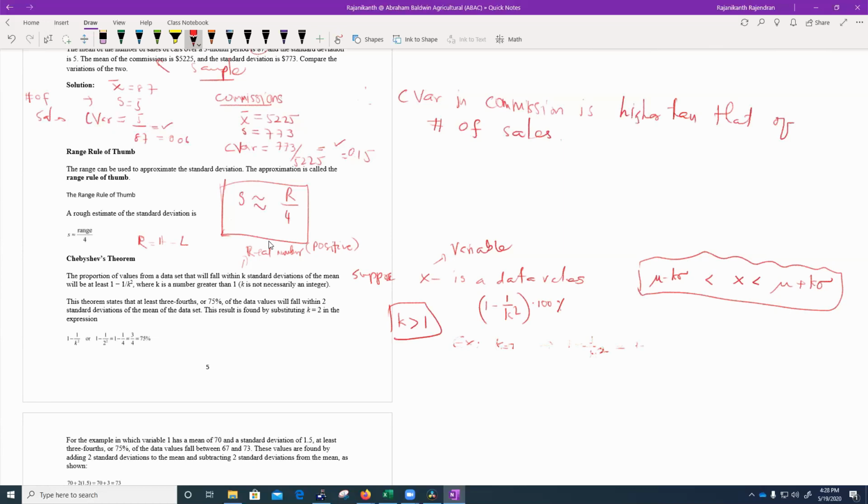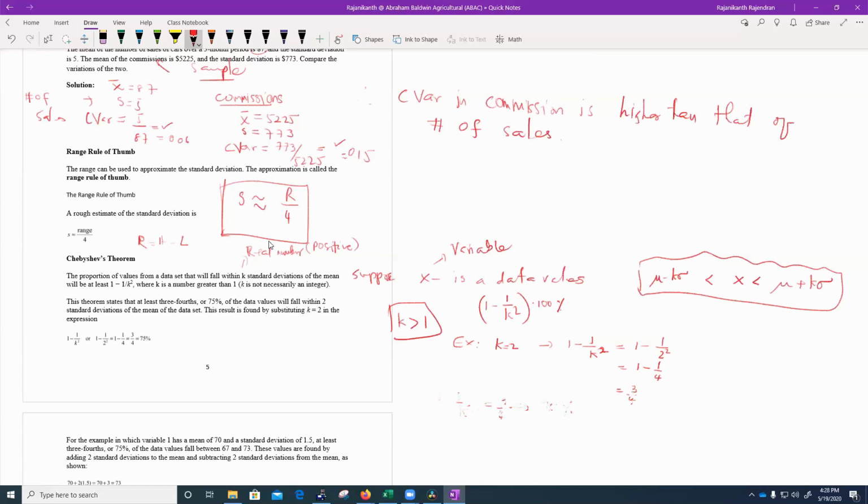So this is 1 minus 1 over 2 squared, that is 1 minus 1 over 4. 1 minus 1/4 is 3/4. So 1 minus 1 over k squared is 3/4. Percentage wise, if you multiply by 100, you will get 75 percent, right?